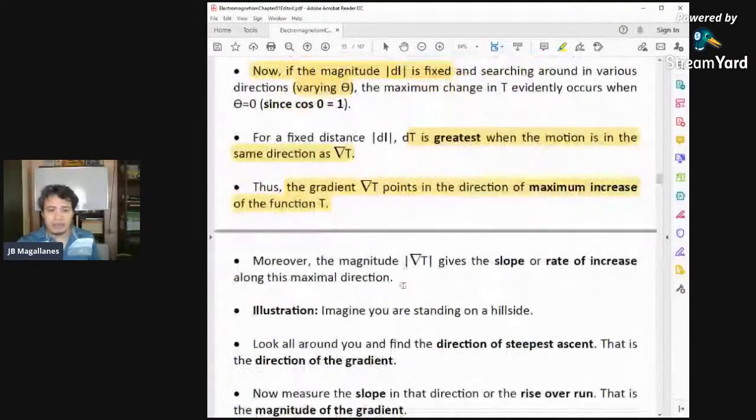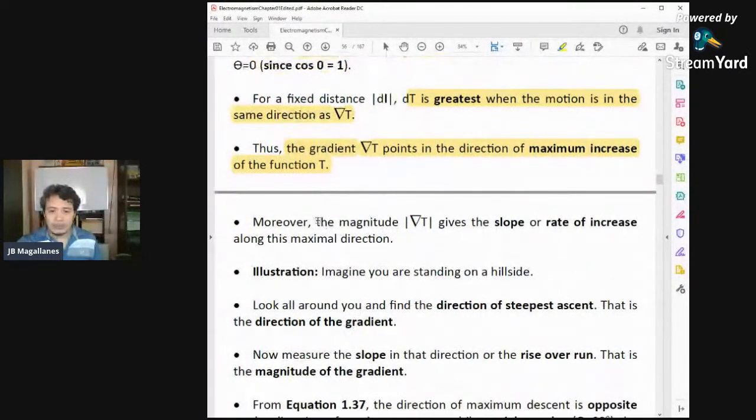And again, as a definition of a derivative, the magnitude of the gradient of t is the slope or rate of increase along this maximal direction. So if you find that the angle is 0, then that is the direction of the gradient of t. This is the gradient of t, represented by that.